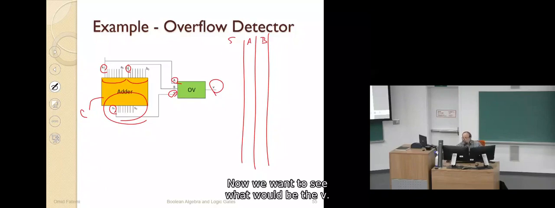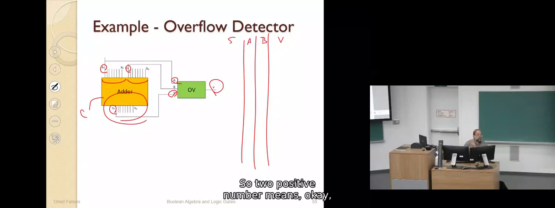And now we want to see what would be the V. V is the overflow flag. When we have overflow, it is set, not reset. It is 1. Okay. I gave you 4 cases: 2 positive numbers, overflow, without overflow, 2 negative numbers.